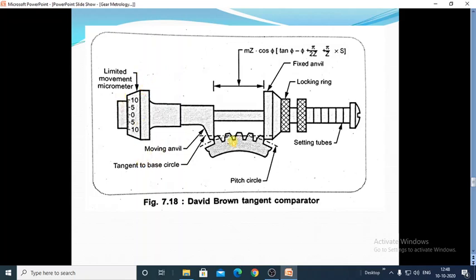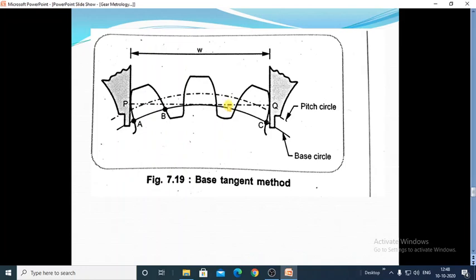So that's why this base tangent method is used for the gear.